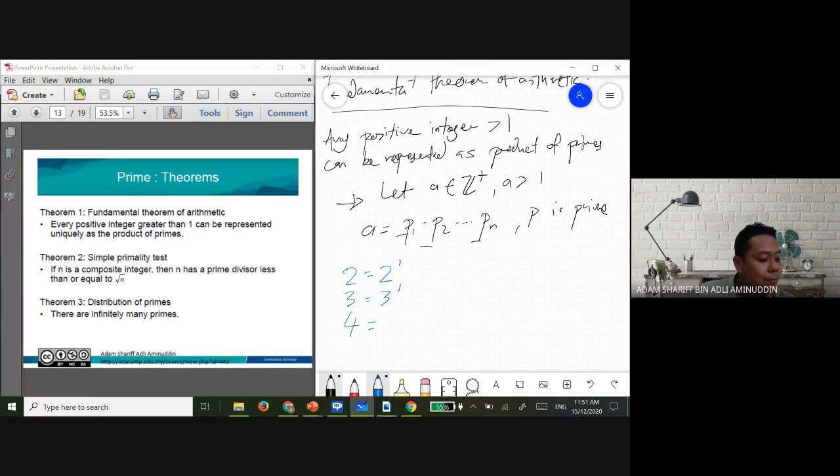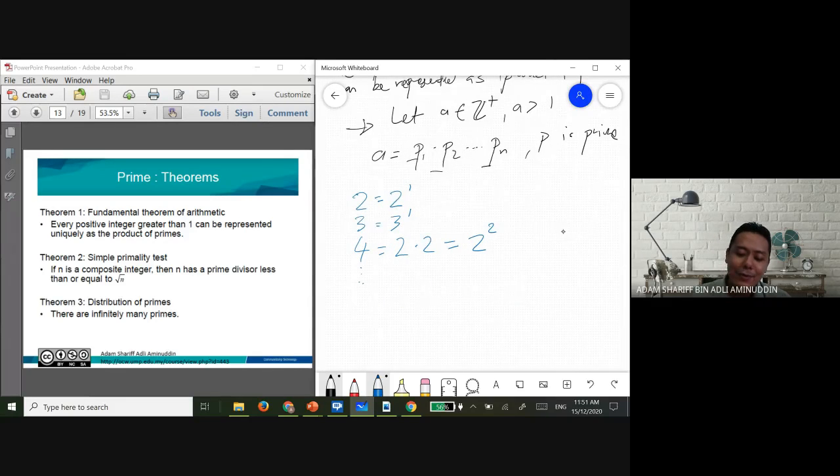Boleh. 2 power 2. It is 2 times 2. In the canonical power form it is 2 to the power of 2. Tak challenging, kita ambil nombor besar sikit. 10. Apakah product of prime dia? 2 times 5. Okay, we have 4 examples right now, and all of these integers 2, 3, 4 and 10 can be represented as a product of primes.